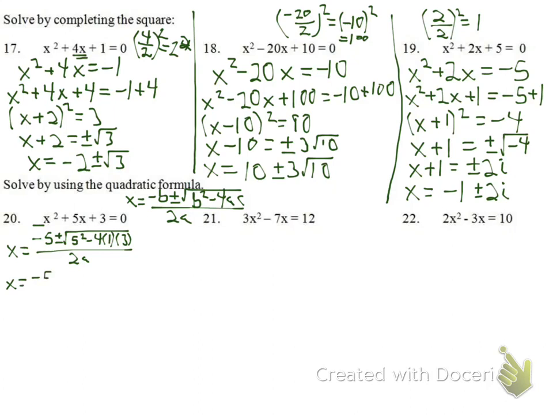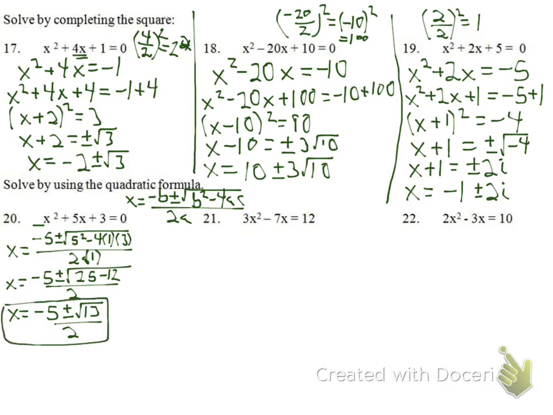We get negative 5 plus or minus 25 minus 12 over 2. So I should put a 1 there instead of a. So we get negative 5 plus or minus the square root of 13 over 2. Can't simplify that anymore, so that will be our solution for our equation in number 20.